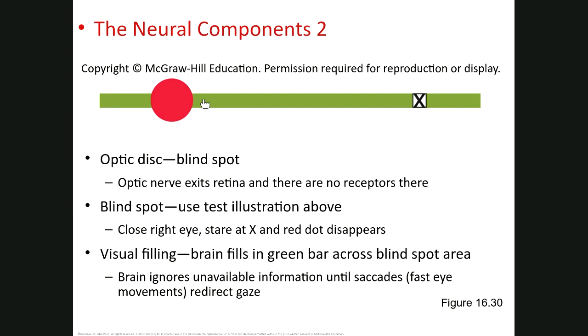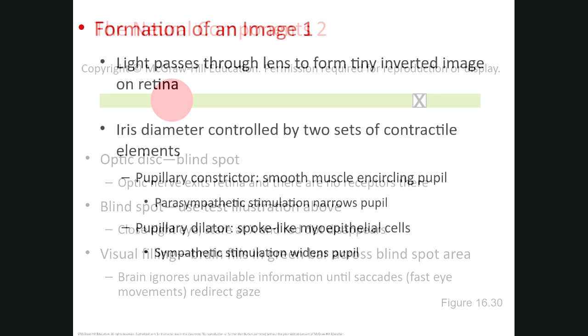We call it brain mapping. It fills it with this green line also, and therefore you would say, "Hey, I saw the whole green line, but not the red spot." So that's what happens. You pass through the optic nerve area, which is the blind spot, and then the brain fills it in. Visual filling is what we say. You can experiment on it, there's a page in your workbook, and you can bring it forward and backward to experience this.